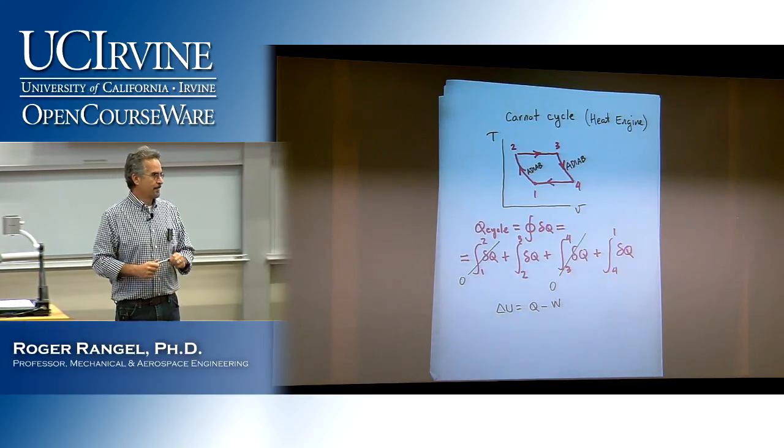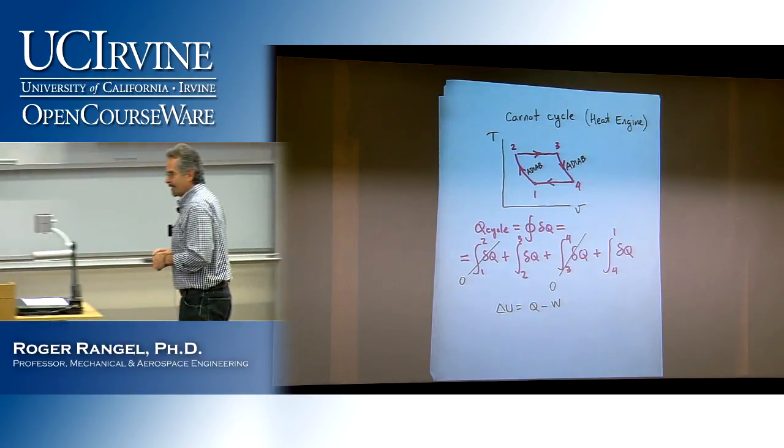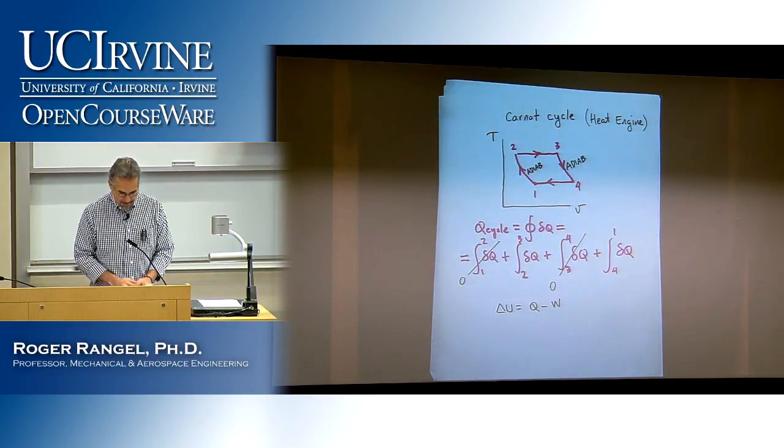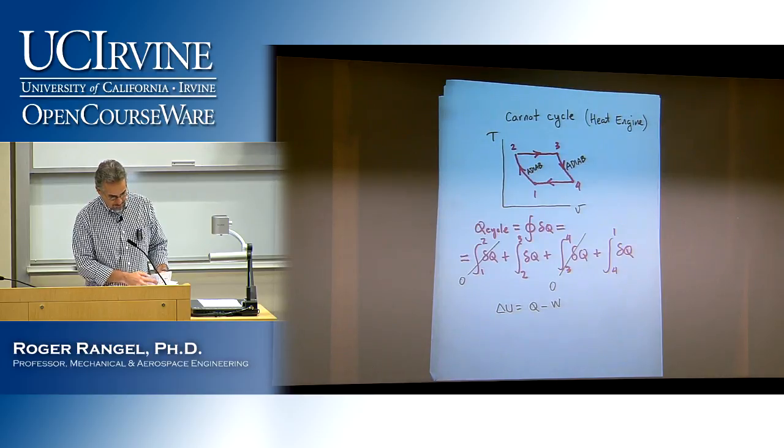No. No. Let me help you a little bit more. Let's look at, if I can find it quickly, what this Carnot cycle might look like. Let's see, second law. Here it is.